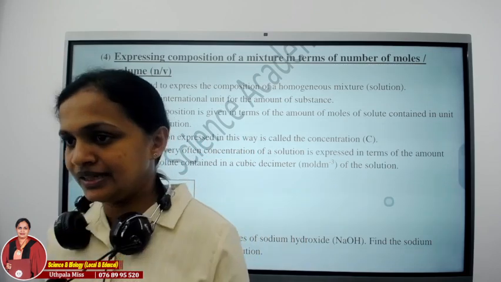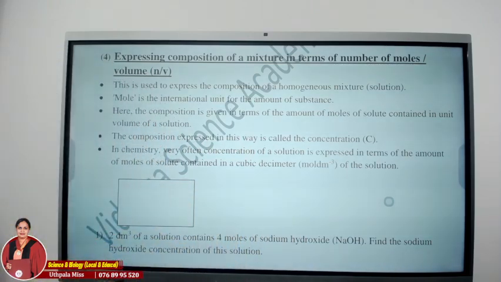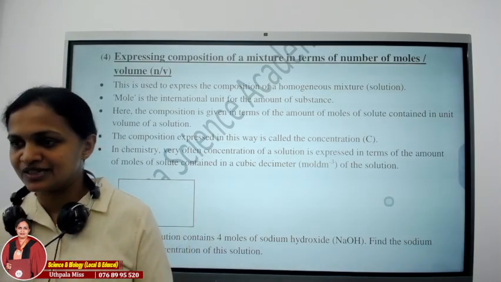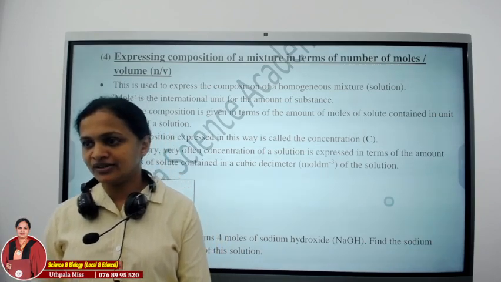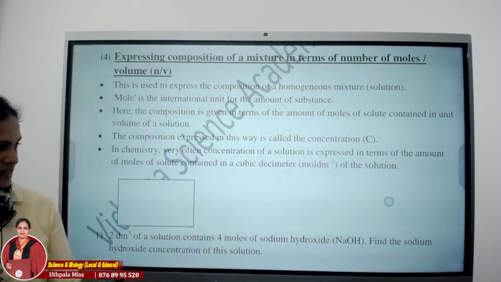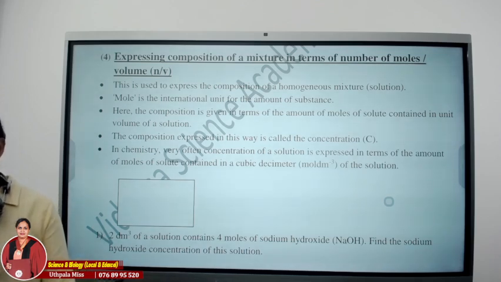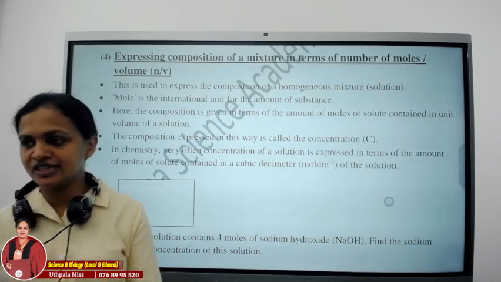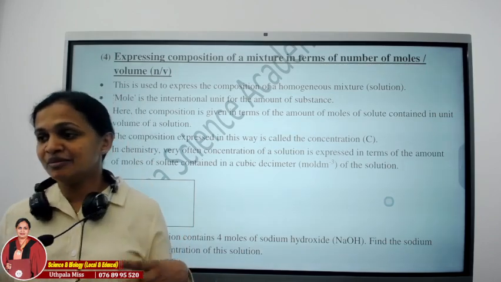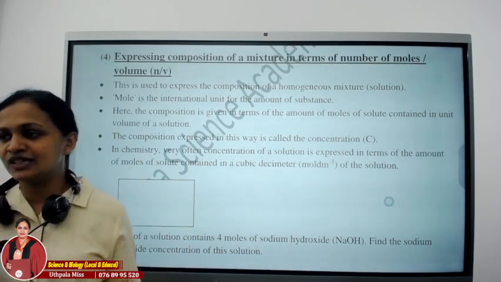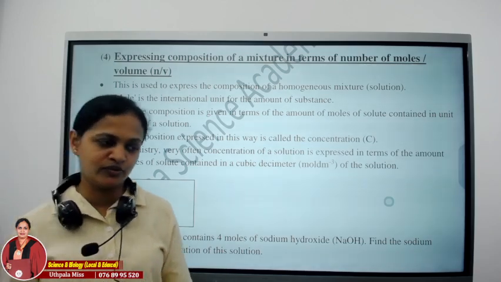Here it says mole is the SI unit for the amount of substance, right? The composition is given in terms of the amount of moles of solute contained in unit volume of a solution.